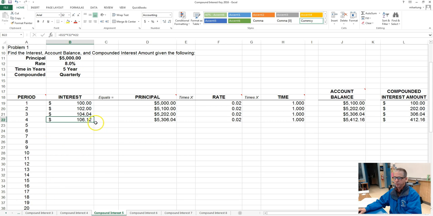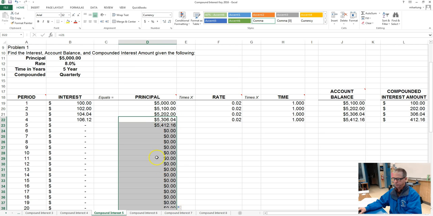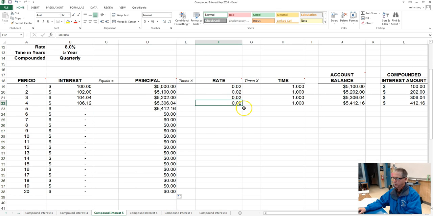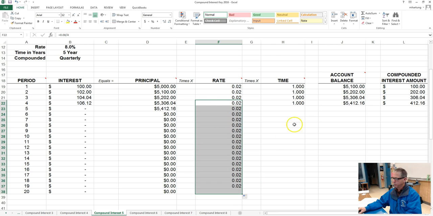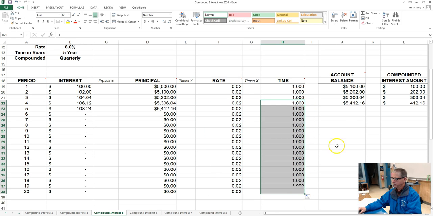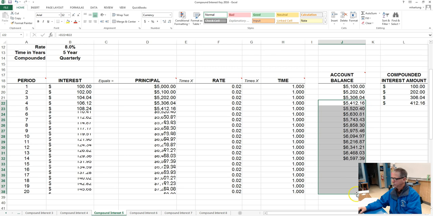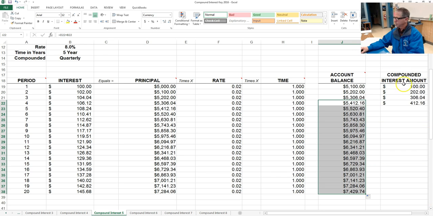So all we would have to do is just take these and go ahead and try this. Copy that all the way down. This formula, copy it all the way down. Same interest rate. Oops. Make sure you get that handle right on there. It turns to a black cross. There. And here.